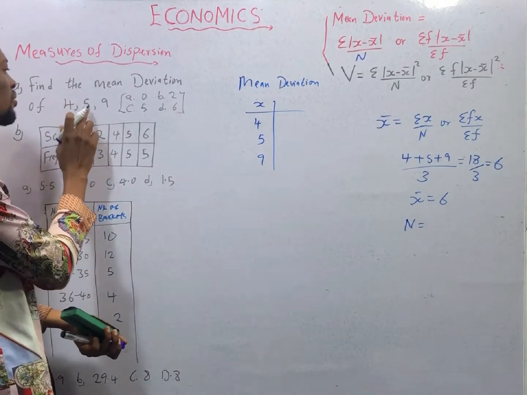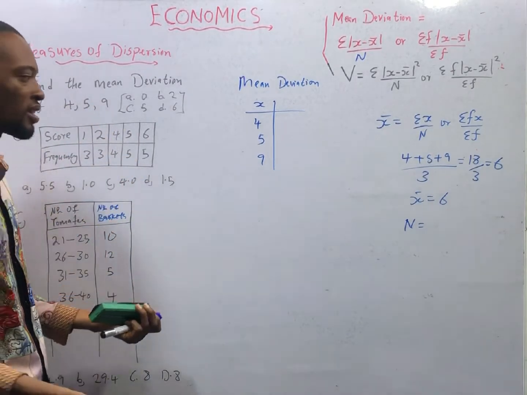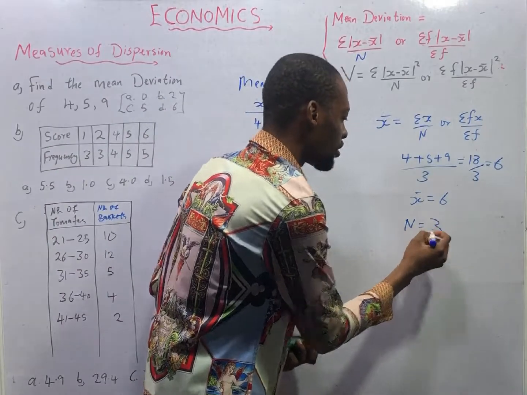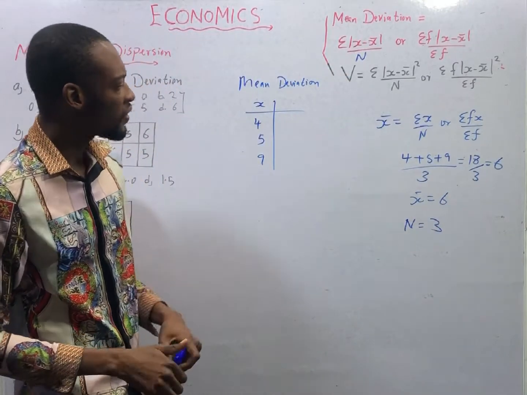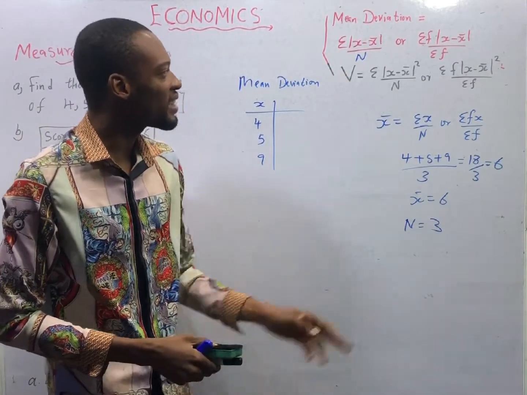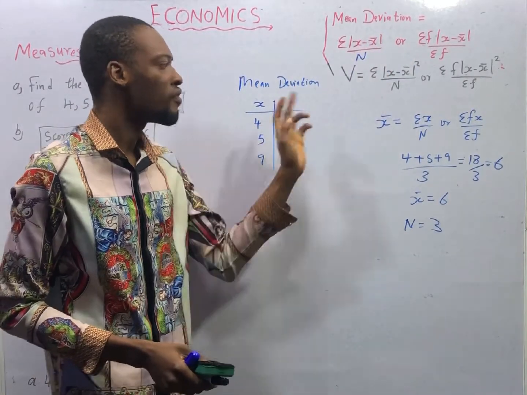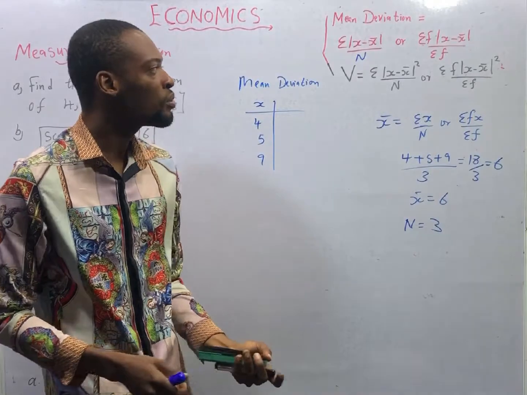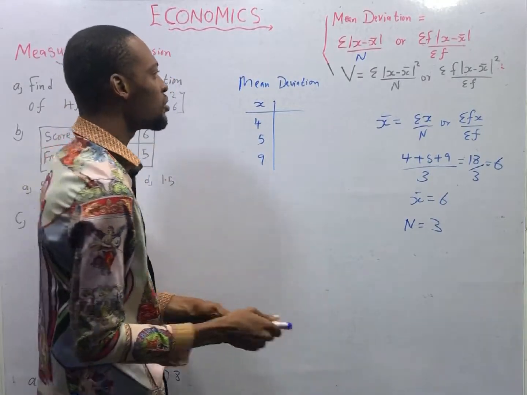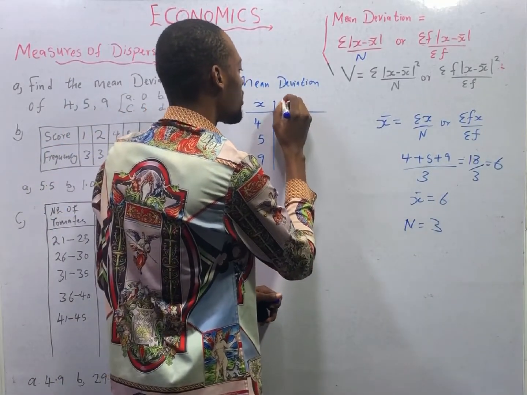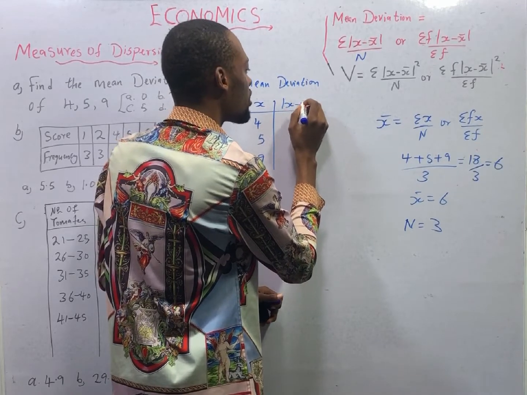So 1, 2, 3. We have just 3 numbers. N is equal to 3. After looking for n, let's find s minus s bar. Let's subtract each of the numbers from the mean. That is the absolute value. So next to the table, write s minus s bar.